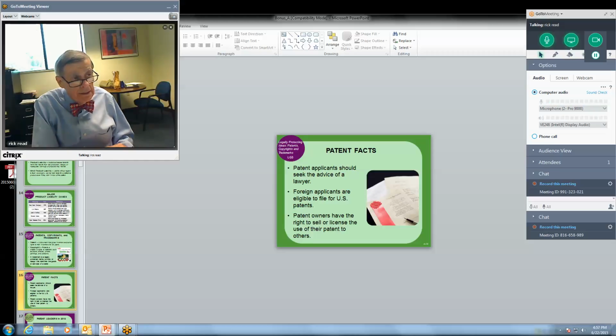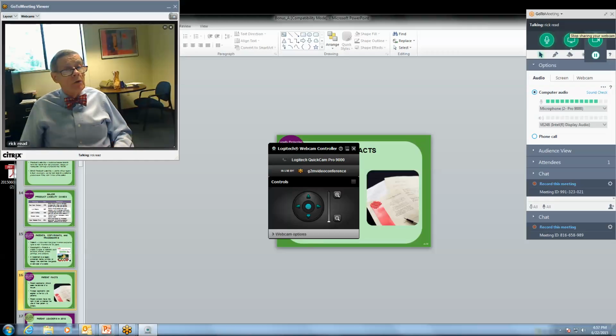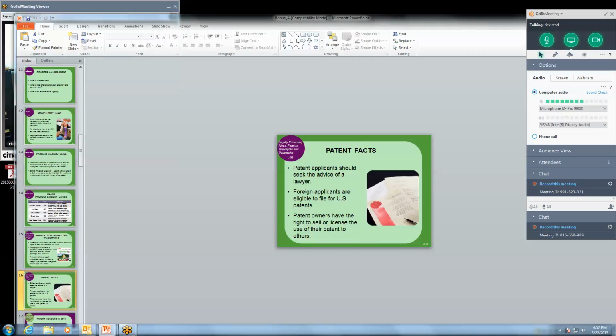It's kind of difficult to navigate. Don't try to do it on your own. Foreigners certainly can have U.S. patents, and they do. And remember, if you do own the patent, you have the sole right to sell or license it, unless you decide to sell. And then, of course, if you did, that would move on to someone else.